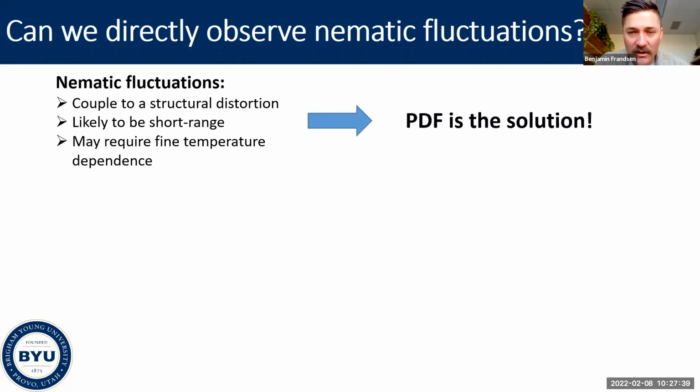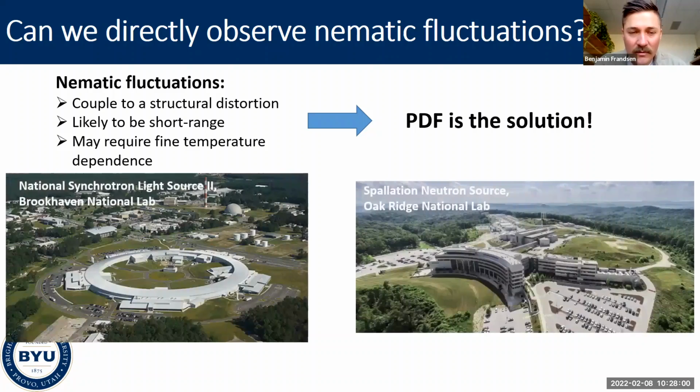So PDF is a great tool to study this, all right, because it gives us that sensitivity to short-range structural correlations, and we can collect data very rapidly at synchrotron sources or at the spallation neutron source, so we can collect data across a very fine temperature grid. So PDF is a great way to study this, all right? So we performed experiments at the SNS at Oak Ridge and NSLS2 at Brookhaven National Lab.